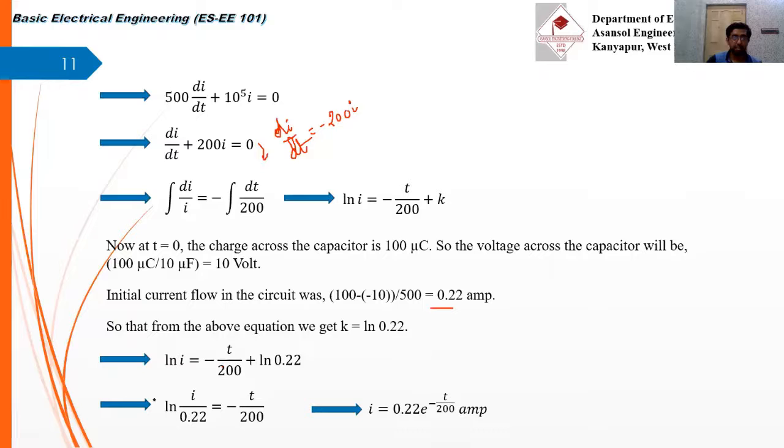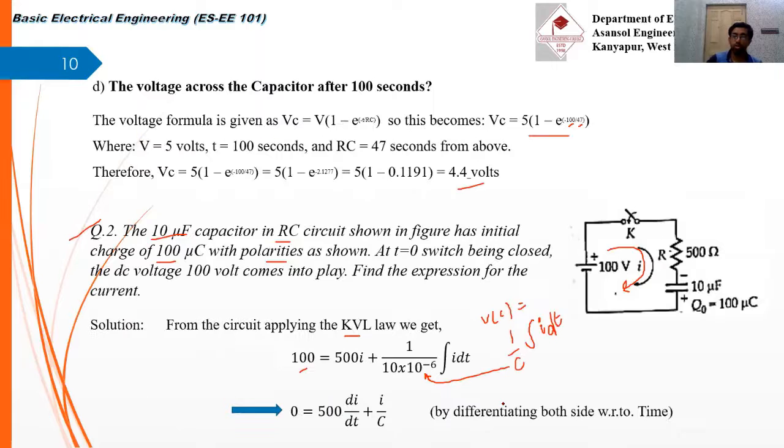Therefore ln of I divided by 0.22 equals minus t by 200. So the I value becomes 0.22 into e to the power minus t by 200 ampere. So this is the current equation that will flow through this circuit.